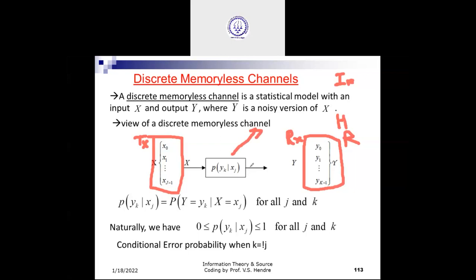Now I have to look into the concepts of information theory from the channel point of view. How X as a transmitter will transmit the data, Y as a receiver will receive the data, and in between, how the channel works and how we can calculate the information shared or transferred by a channel. That particular information theory measurement we would like to carry out in this lecture.